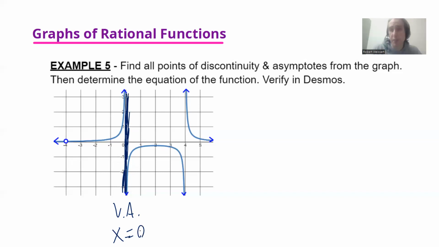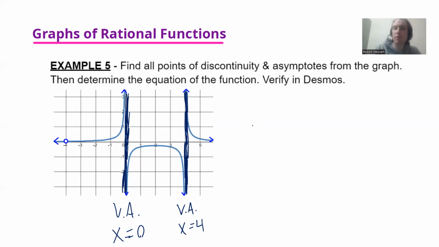That's the y-axis, x equals 0. Another vertical asymptote's right over here. We've got x equals 4. So those are my only two vertical asymptotes. Those are two non-removable points of discontinuity.